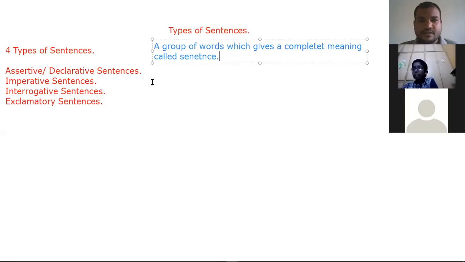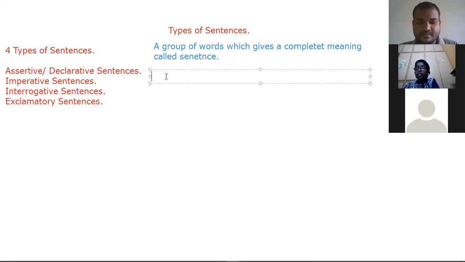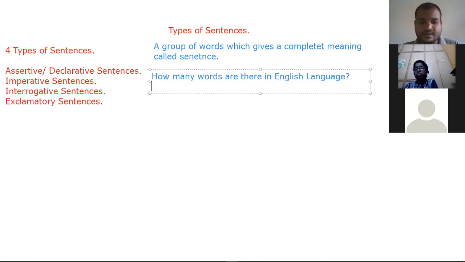So, how many words are there? As we discussed earlier, there are nine words, right?